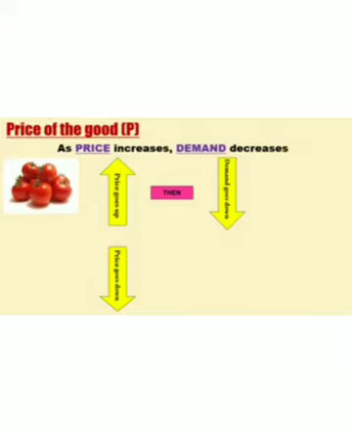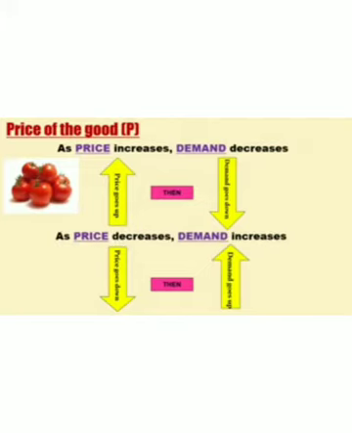When price of tomato goes down, then obviously the consumer will buy more of tomatoes. So, demand for tomato will go up. Hence, we can say that as price decreases, demand increases. Therefore, we can say that price and demand has an inverse relation. That means both move in opposite direction.